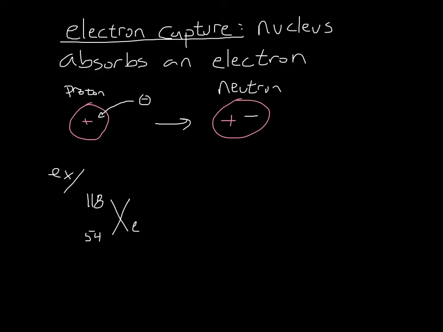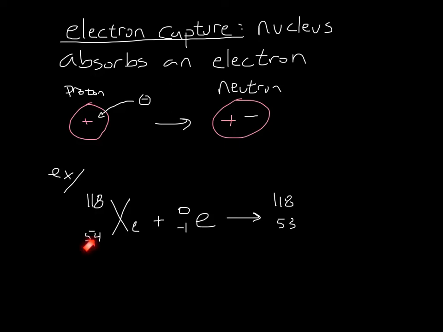When we draw an electron capture, since it's not emitting an electron, it's not shooting anything out, instead we draw the electron on the same side. So E, negative 1, that would be an electron, is going to be absorbed by the xenon, thus making an element that has 118 as the mass, and since it's losing a proton, it would be 53.